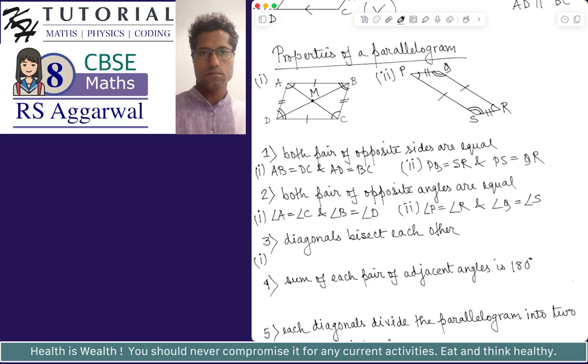M is the point at which both the diagonals intersect. And what does it mean that diagonals bisect each other? It means that the point of intersection of the two diagonals will be the midpoint of both the diagonals. So we can say AM should be equal to MC, and we also have DM equal to MB.